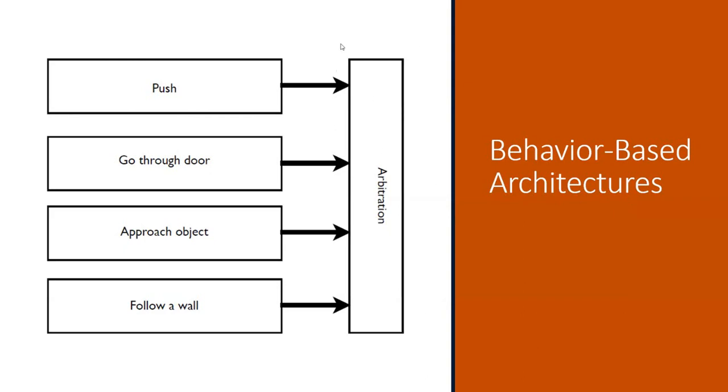So your CPU will control this. Right now, you have already hit the door. You need to decide whether to push the door or go through the door. That is done by the arbitration. And arbitration, of course, needs some planning, and there may be some gambling. Go through the door, you may be hit by another robot and destroyed.